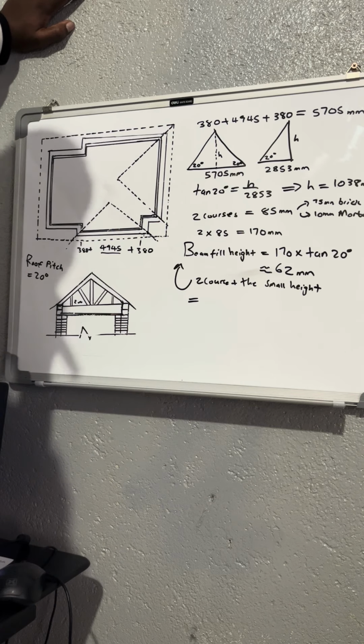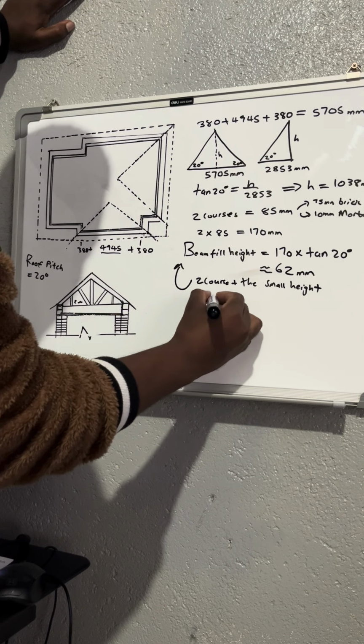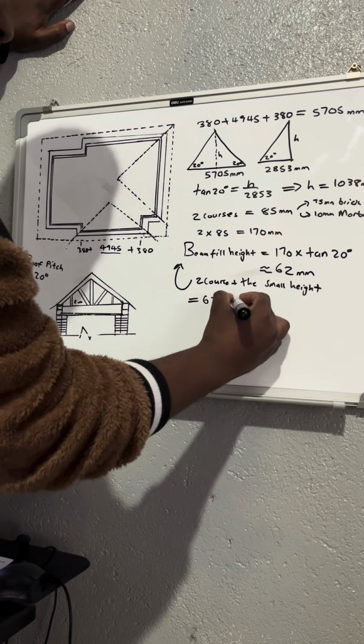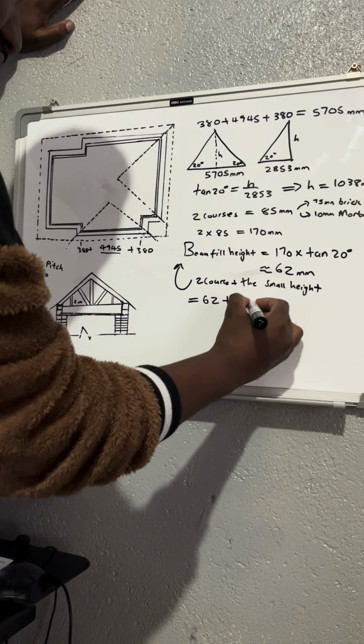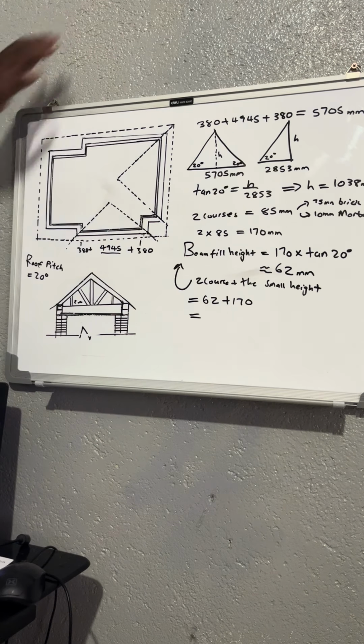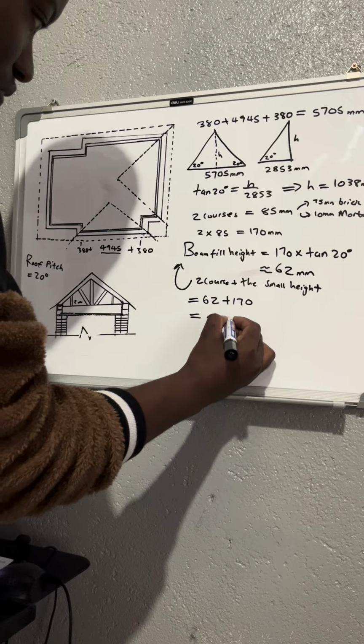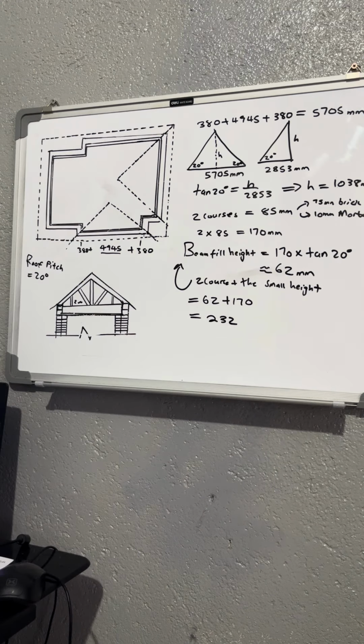So how much do we have? This 62 plus the 170 for the wall. Then this gives us 232. We're getting 232. So far I just hope we're still together.